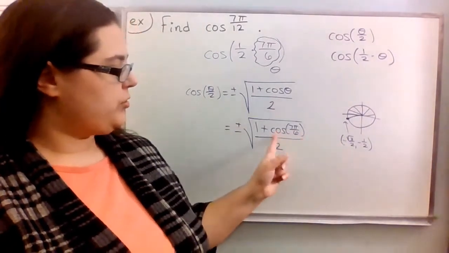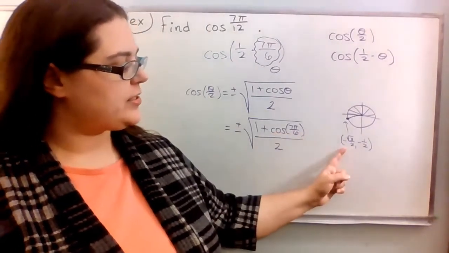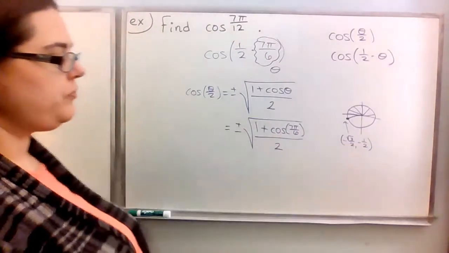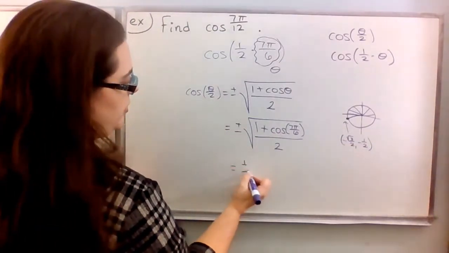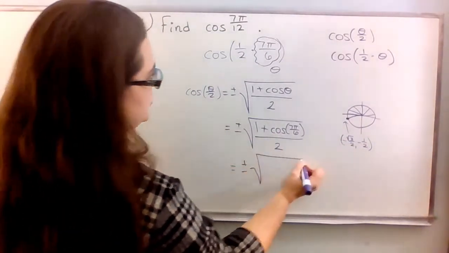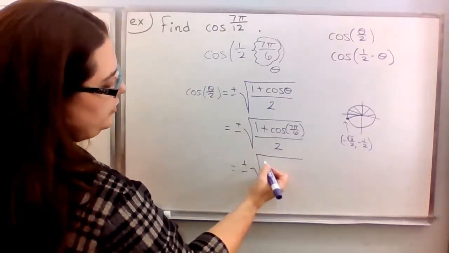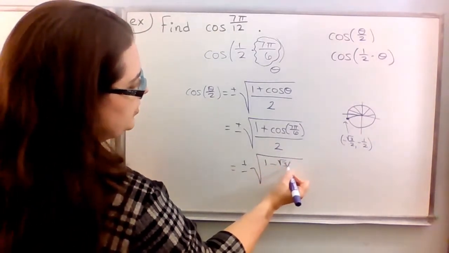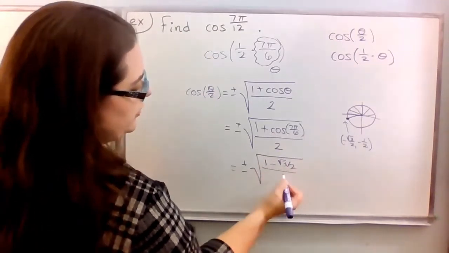So that means that cosine of 7 pi over 6 is negative root 3 over 2. So this is plus or minus the square root of 1 minus root 3 over 2 all over 2.